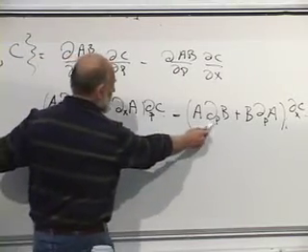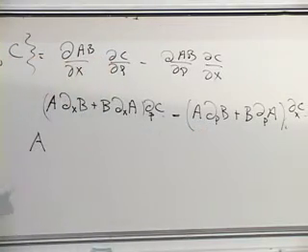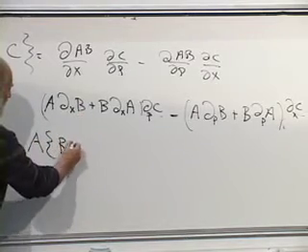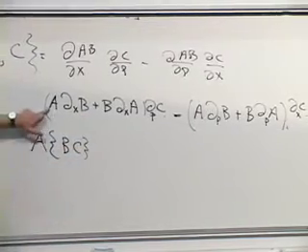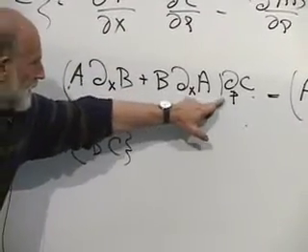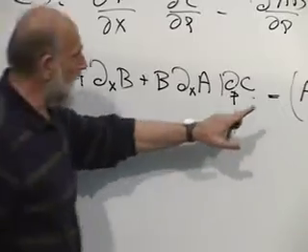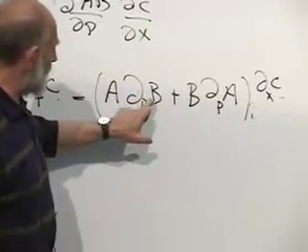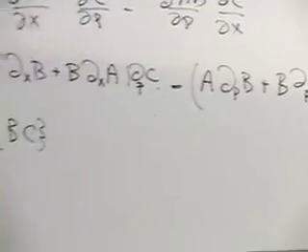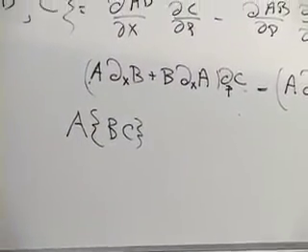What does it give you? It gives you A times the Poisson bracket of B with C. Look at it. A times dxB dpC minus A times dpB dxC. That is nothing but A times the Poisson bracket of B with C.